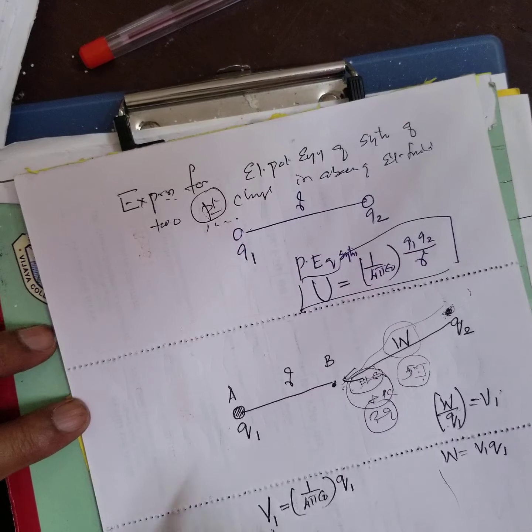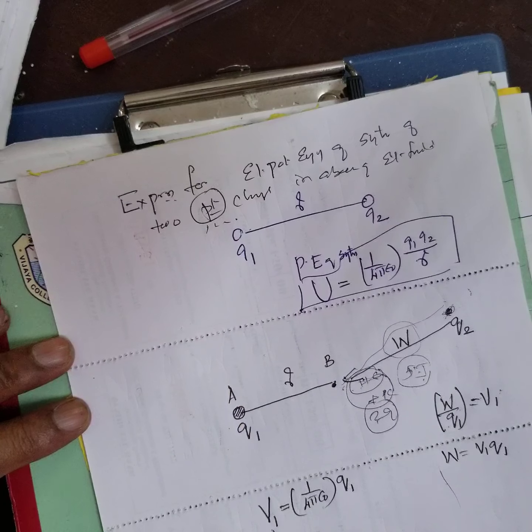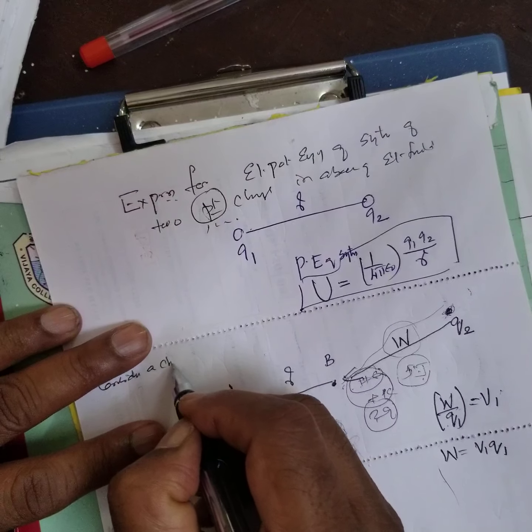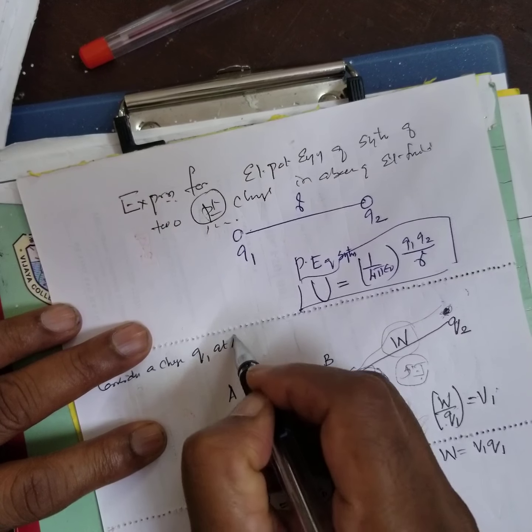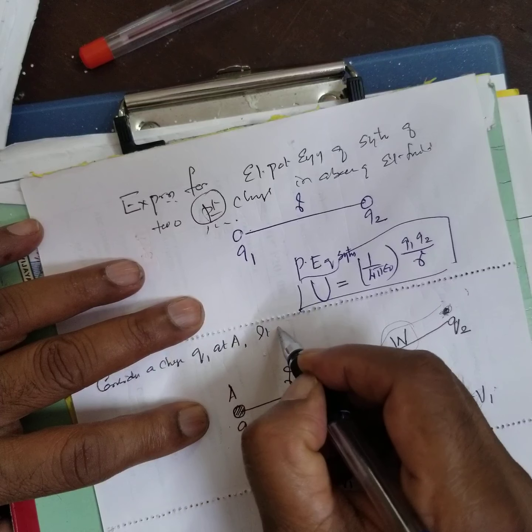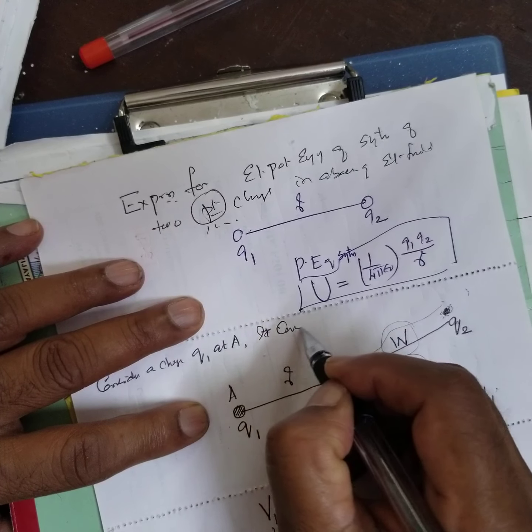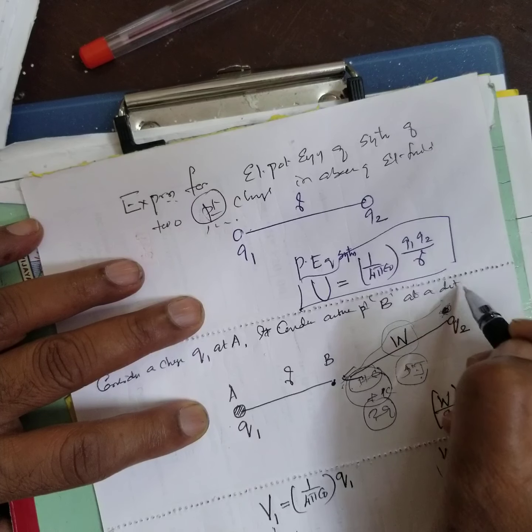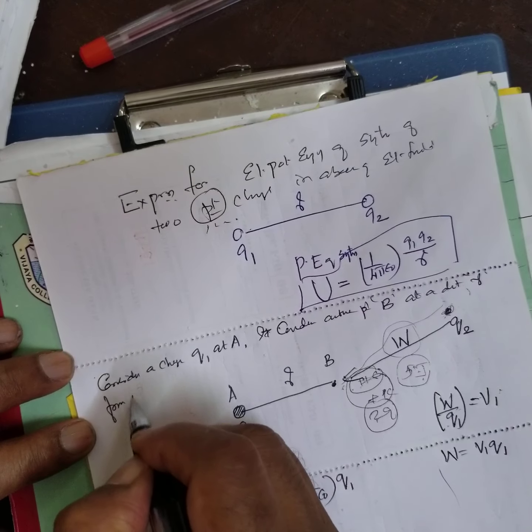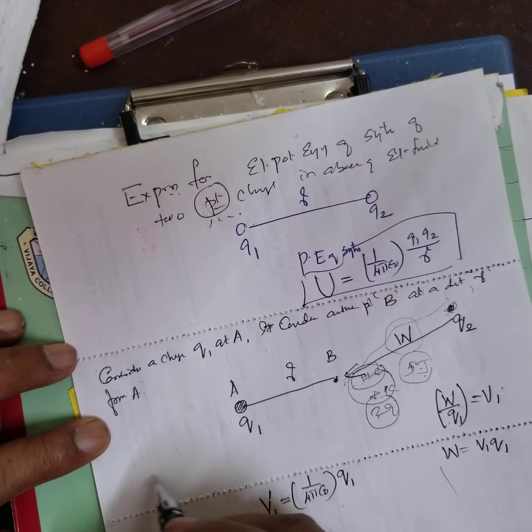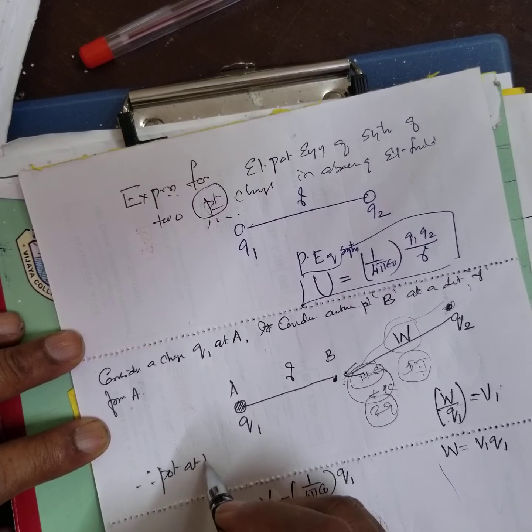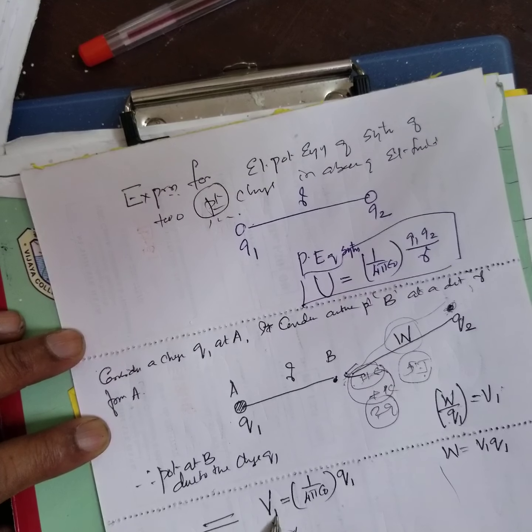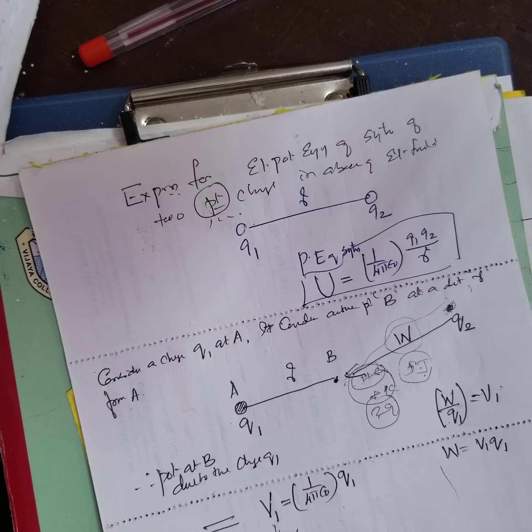Understood? Now how to start? Consider a charge Q1 at A, and consider another point B at a distance R from A. Therefore, potential at B due to the charge Q1 is V1.